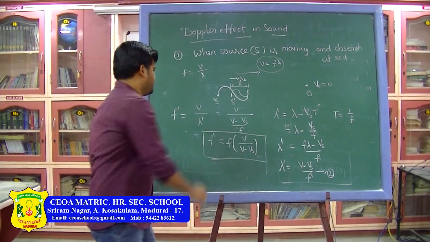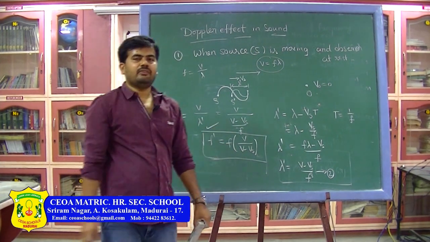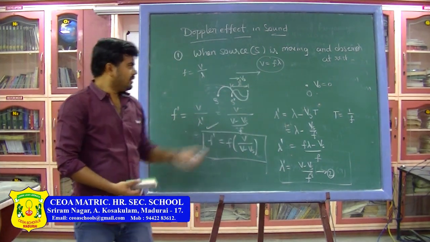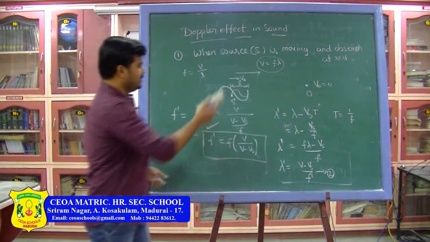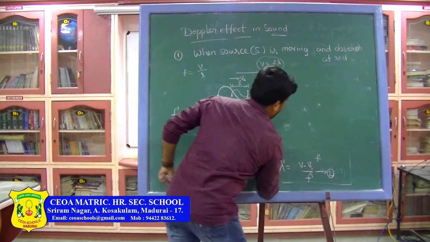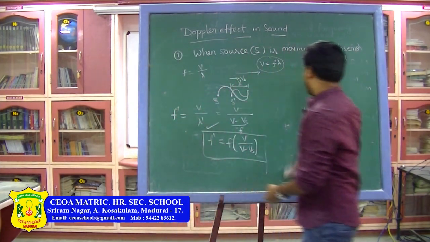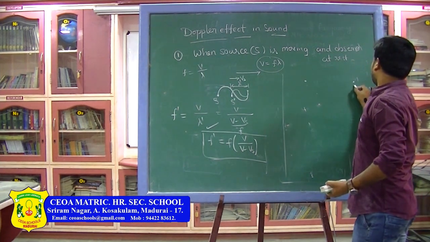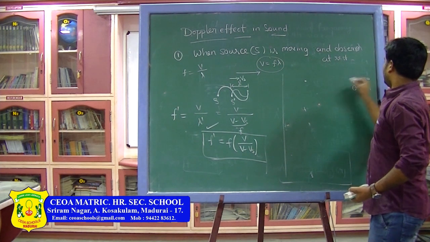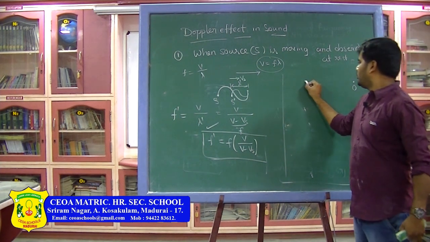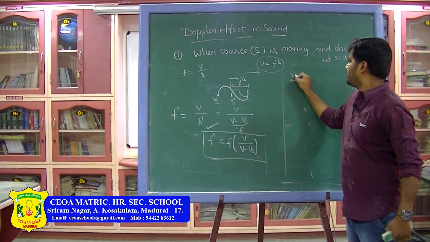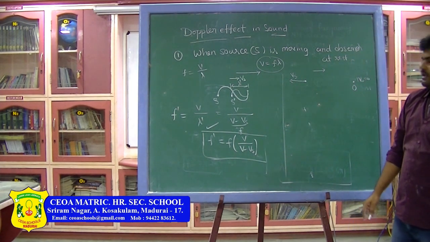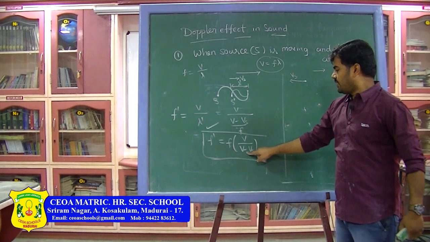So this is the first case and the value of apparent frequency due to the Doppler effect. Similarly, let me write the other case. Suppose the source is moving away from the observer, so this is the source and this is the observer, whose speed is 0, who is at rest, and the source is moving away from the observer with a speed Vs. Then in this case the apparent frequency can be obtained by just replacing this minus with the plus sign.